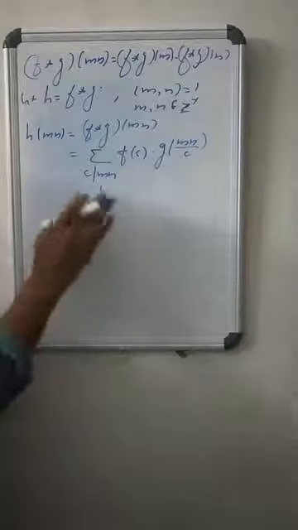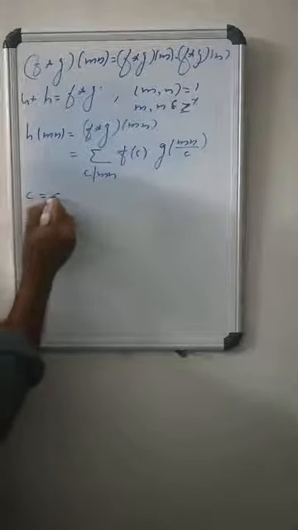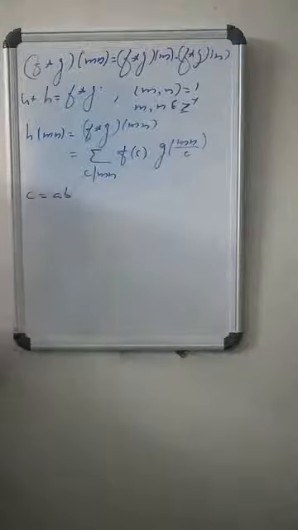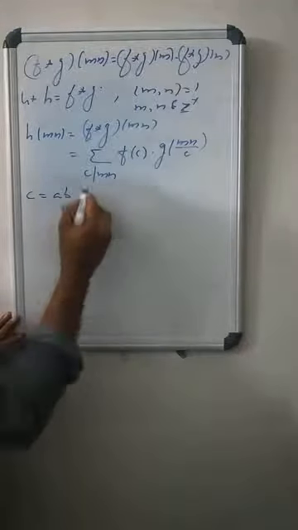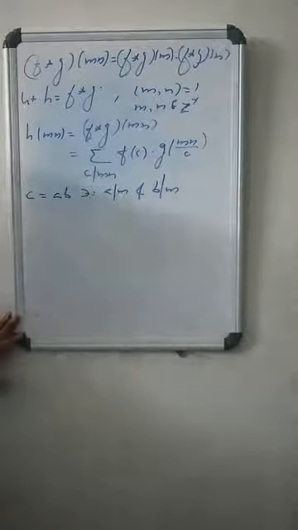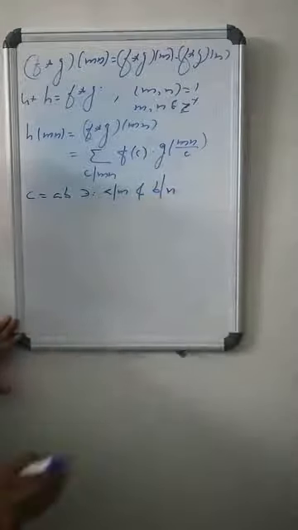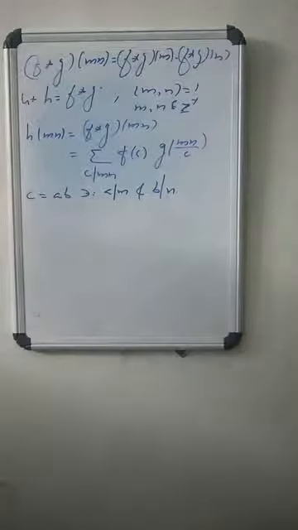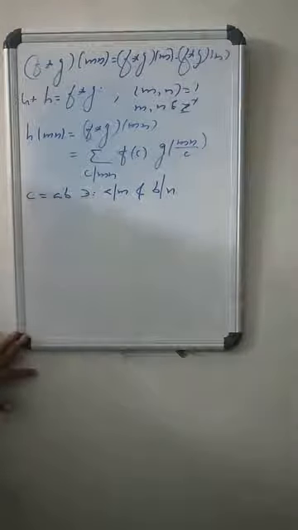Now, every divisor c of mn can be expressed in the form c equals ab, such that a divides m and b divides n.